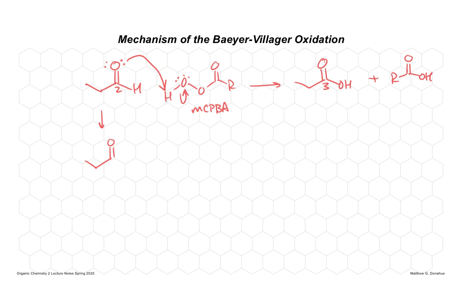We protonate the carbonyl oxygen, and the nucleophile adds. So we've protonated the carbonyl, then we have this peroxy anion, and then this can attack that. That's going to form something that looks like an acetal at this point, because we have two sigma bonds to oxygen.